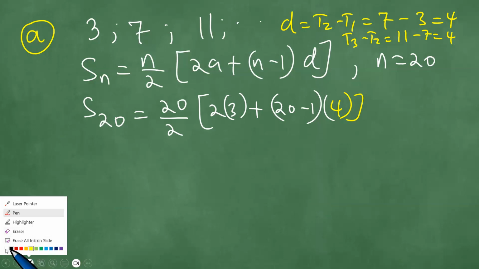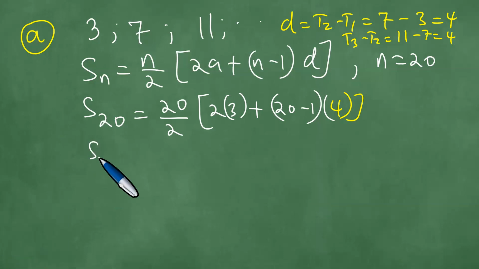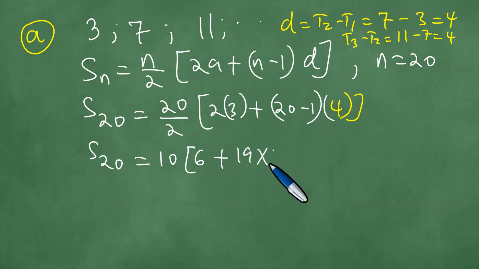Now we continue, which means S20 is the same as 20 divided by 2, which is 10, times 2 times 3, which is 6, plus 20 minus 1, which is 19, times 4. And now we're going to get S20. What is the answer to this? 820. What did you get? 820.